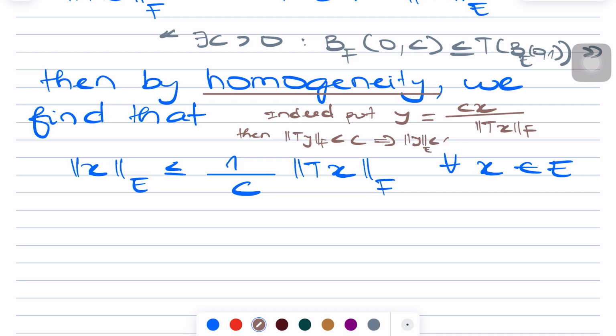And if you expand norm of y strictly less than 1, you get exactly this relation here.